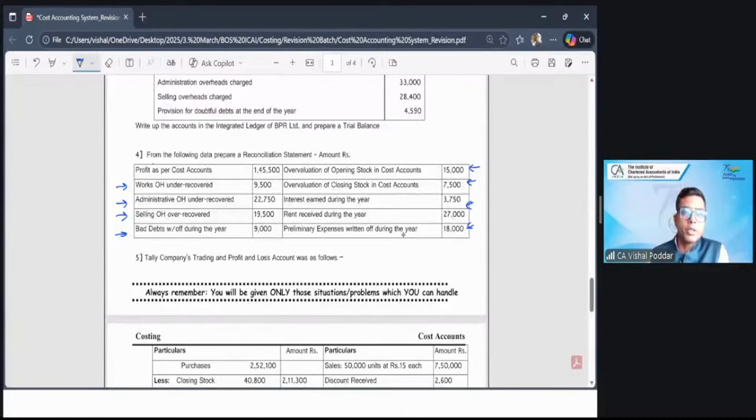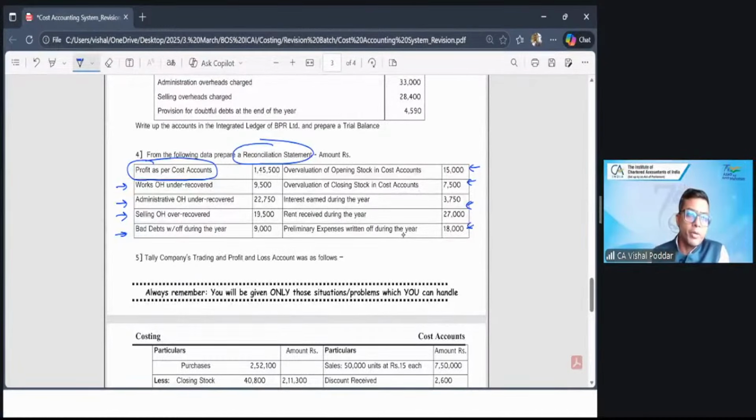Here, the starting point is profit as per cost accounts, and we have to find out profit as per financial accounts. There are two approaches of doing this. One is you can prepare a reconciliation statement, which is like our bank reconciliation statement. Or second, you may also be asked to do the reconciliation using the memorandum reconciliation account format.